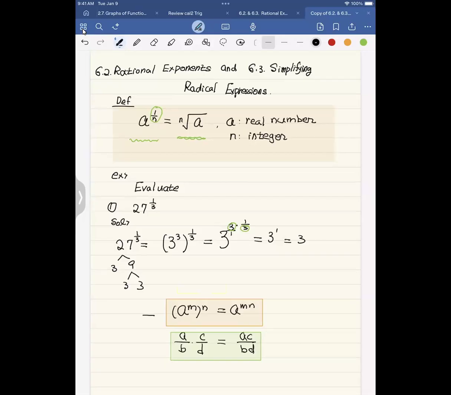We already learned a to the m power to the n power is a to the mn power. Previously, we assumed m and n are integers, but we don't have to say that those two are integers.